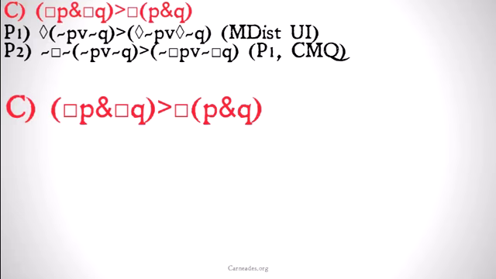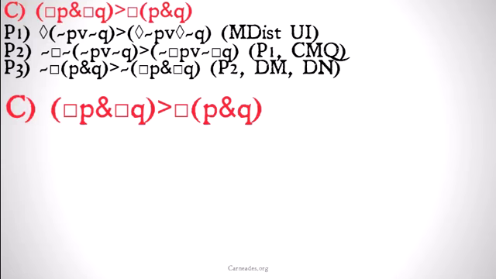Then we'll go ahead and use our change of modal quantifier rule to switch all those possibilities to necessities and add a number of negations in there. And then we'll get rid of those negations with a De Morgan's rule and double negation. We're almost there.